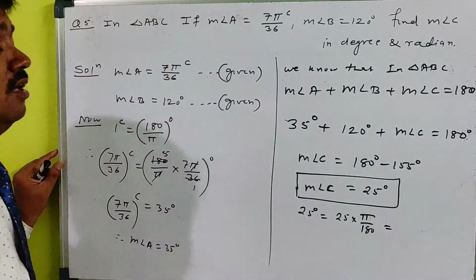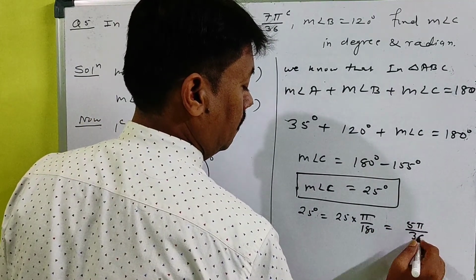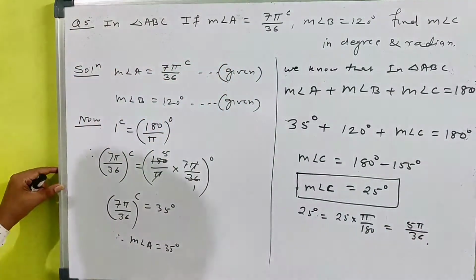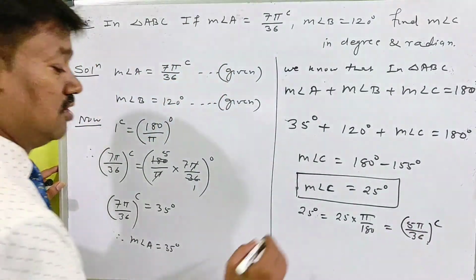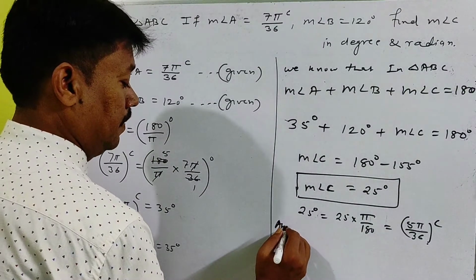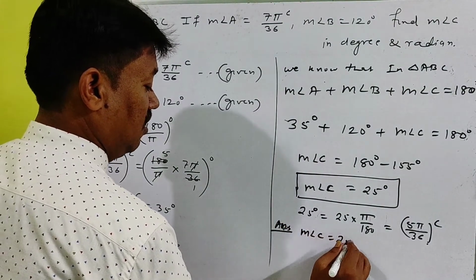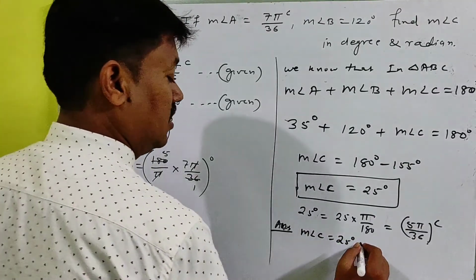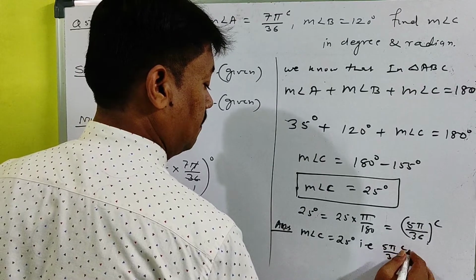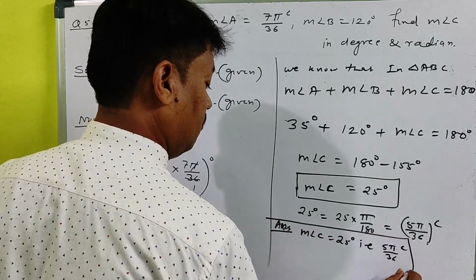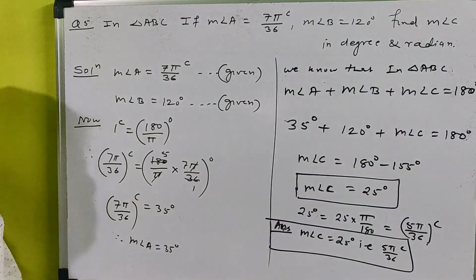That is 5 5s are, is 5 pi by 36 in radian. So what is the final answer here? Measure angle C is 25 degree, that is 5 pi by 36 radian. So this is the final answer for this particular sum.